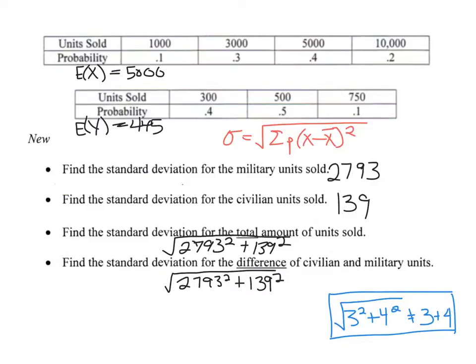I sometimes, with this example, like to think about the range, and maybe that helps. You say, well, the worst possible year this company could have, according to this distribution, is selling 1,300 units. And the best possible year is selling 10,750 units.